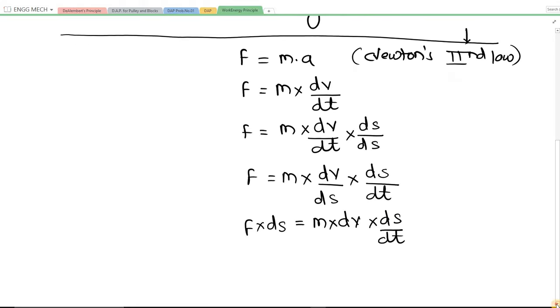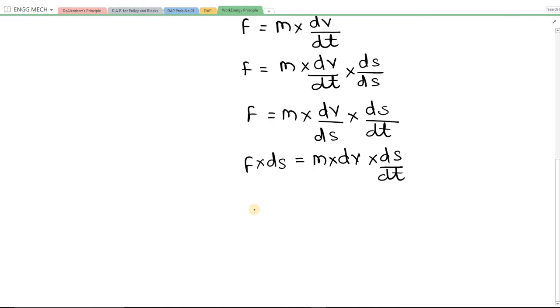Now see here, we are very well aware that ds by dt stands for velocity. Therefore f into ds is equal to m into dv into v.